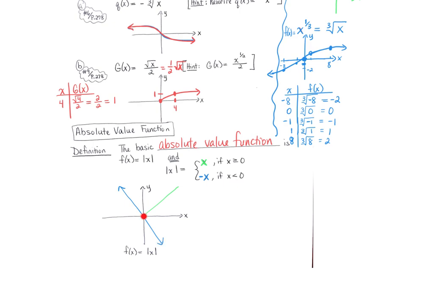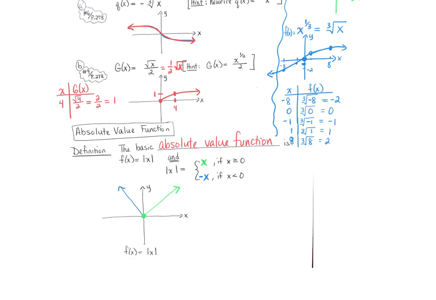So only from here on out. But that means we do not need this part of the graph. So we erase that. This is the graph of the absolute value of x. That's the graph of the function, the absolute value of x. So you can take time and graph that.